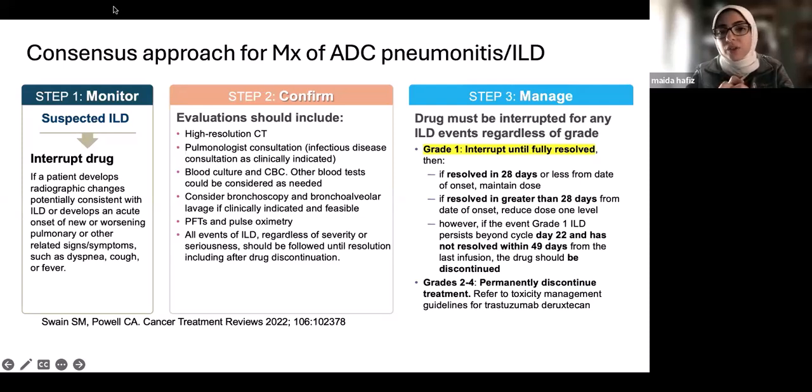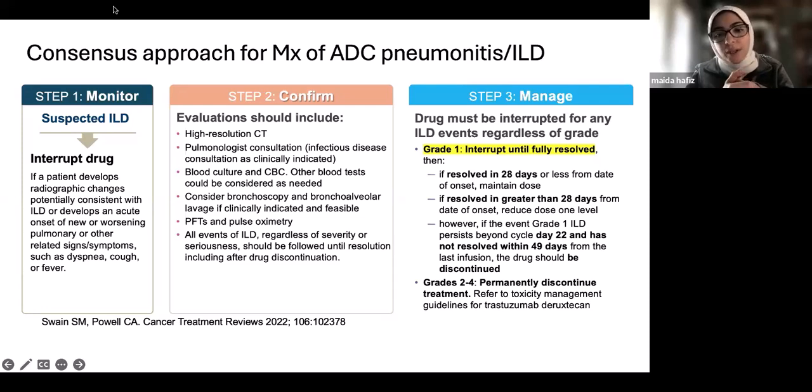Some of the investigations you would do include a high-res CT scan, blood work as indicated, evaluating for a new oxygen requirement, and bronchoscopy and BAL if you're not sure about the diagnosis and would like to, for example, rule out infection. But this may not always be clinically feasible.